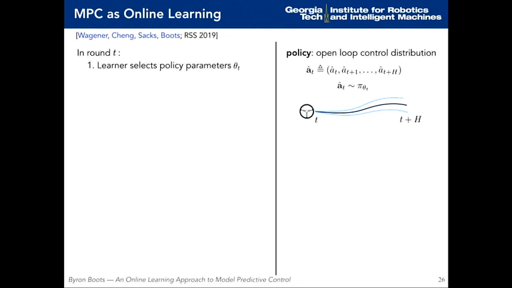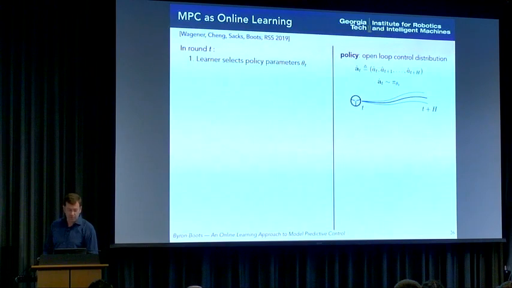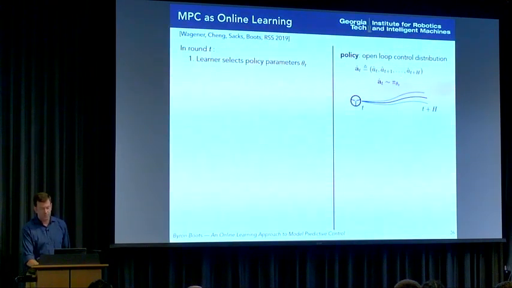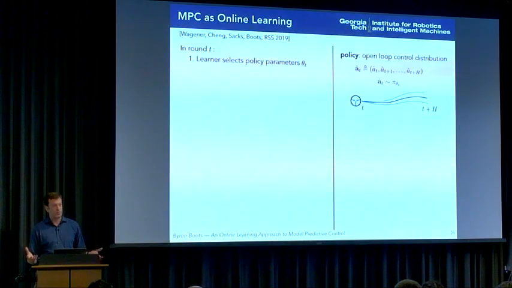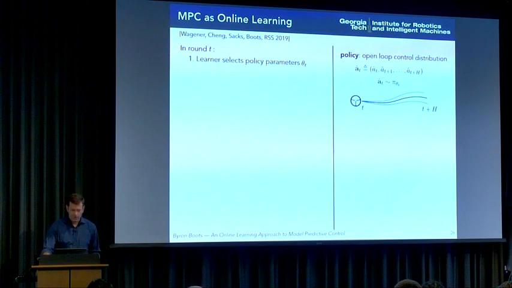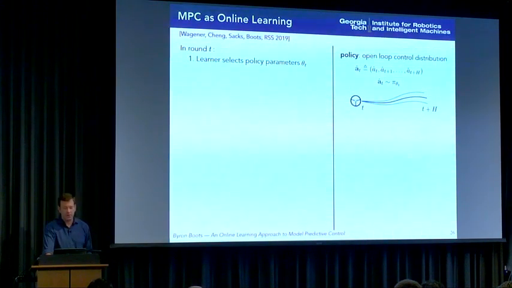Okay. Second, the policy could be anything, but for our platform, it's going to be a simple open loop control distribution. And we can think about this as basically a joint distribution of trajectories of actions. And this will be just sufficient to make a sensible decision at the current moment.